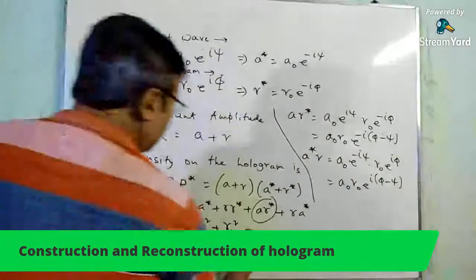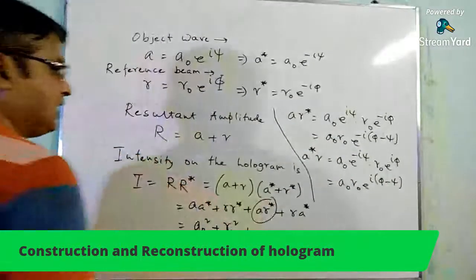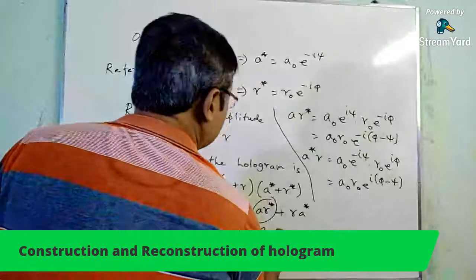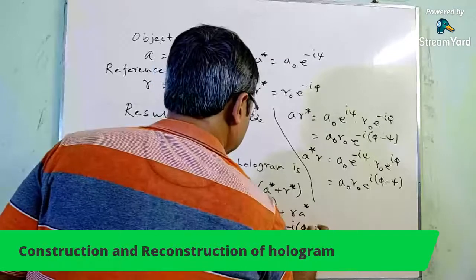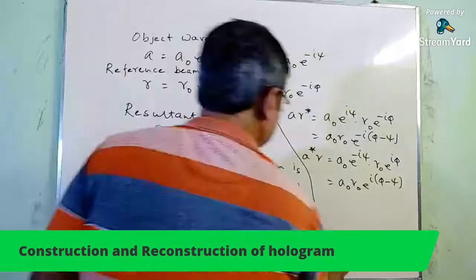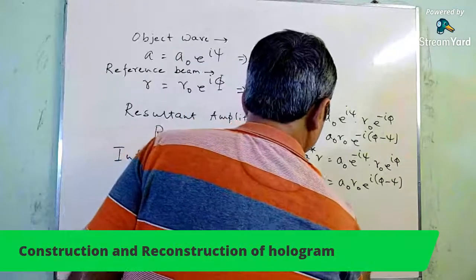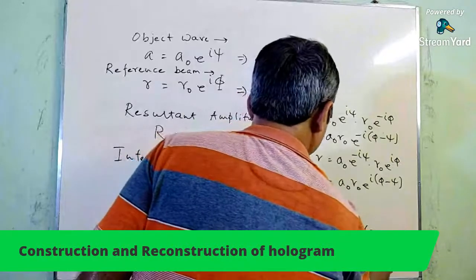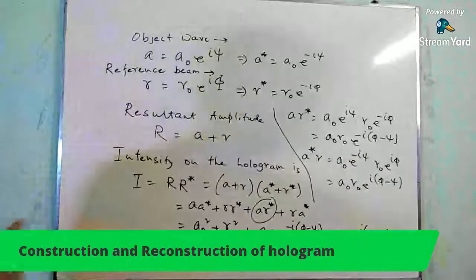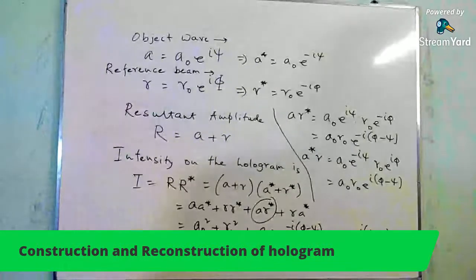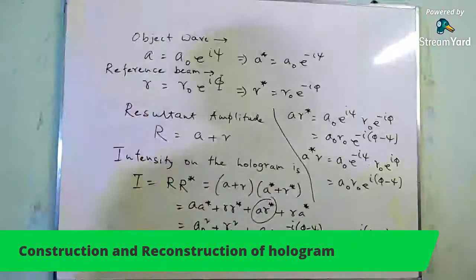So putting the values of A R star and R A star, we will get A0 R0 e to the power minus i phi minus psi plus A0 R0 e to the power i phi minus psi. Now taking A0 R0 common from the third and fourth terms, we will get e to the power i phi minus psi plus e to the power minus i phi minus psi.